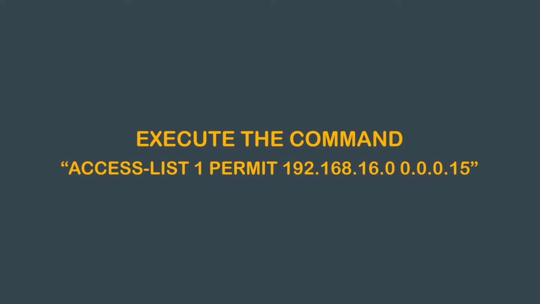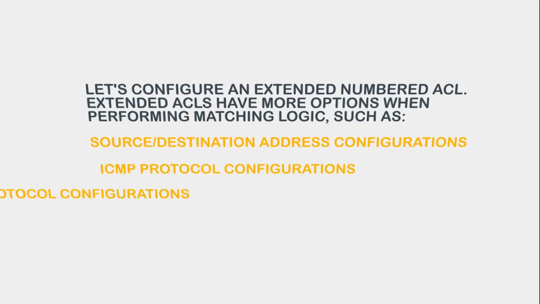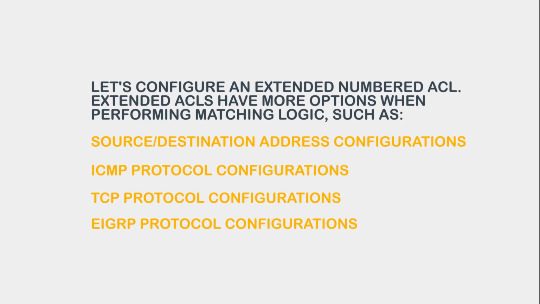Now let's configure an extended numbered ACL. As you may recall from earlier in this video, we learned that extended ACLs have more options when performing matching logic, such as source or destination address configurations, ICMP protocol configurations, TCP protocol configurations, or EIGRP protocol configurations.